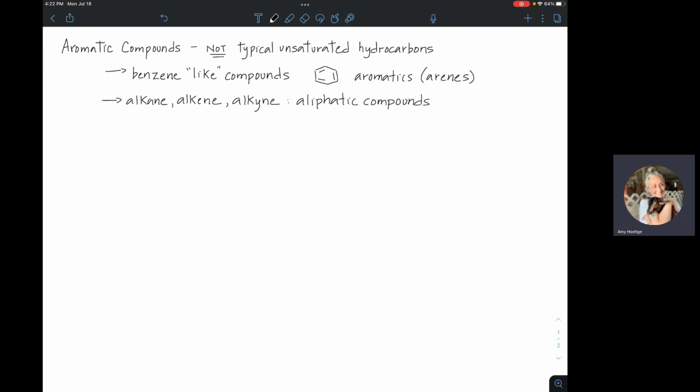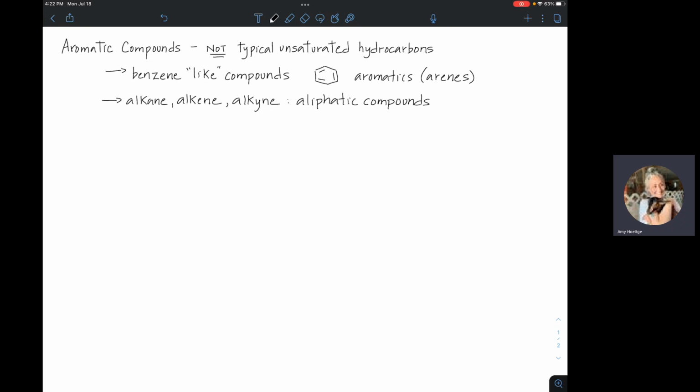Just in case you run into that terminology, an aliphatic compound comes from Greek origins, where it refers to kind of like an oily or a fatty sort of compound. So an alkane, alkene, or an alkyne, or their groups are referred to as aliphatics.